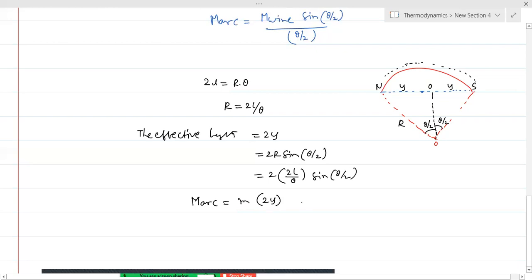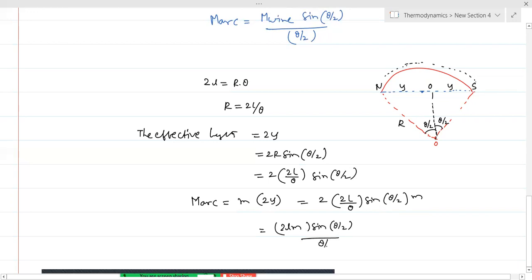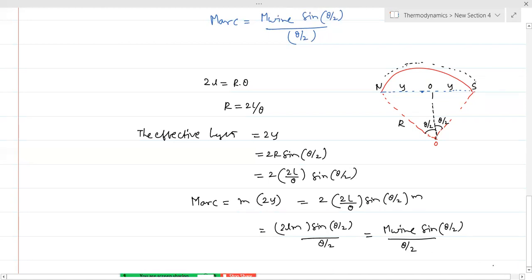So that is 2y. So we are taking 2 into 2l by theta into sin(theta/2) into small m, or we will take 2lm into sin(theta/2) by theta/2. Or we will write M arc is equivalent to M wide into sin(theta/2) by theta/2.